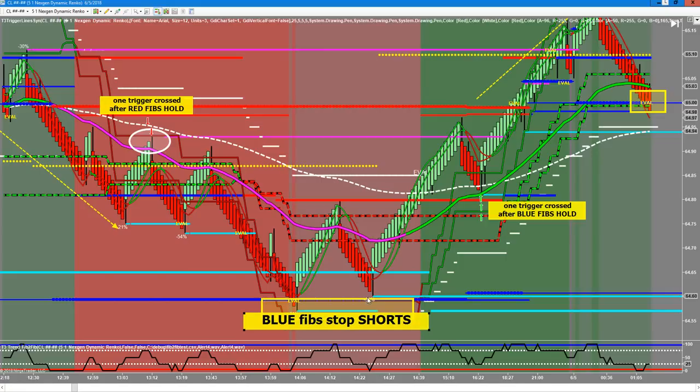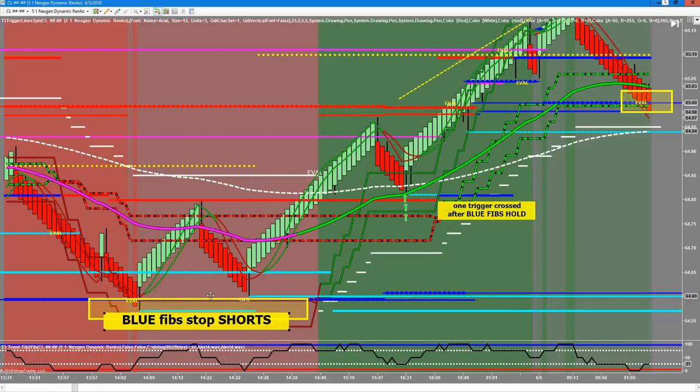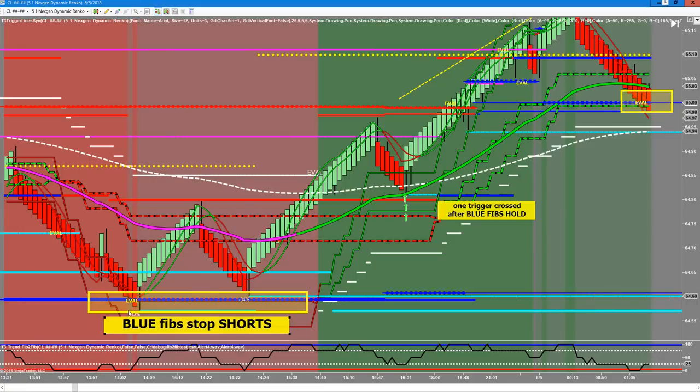All that matters is the area and the trigger lines themselves. And this is why I'm showing you on one chart, because it's less confusing. If the blue fibs stop it, whatever blue fib it is, who cares what chart it came from? If it stops the market and the market turns green, the background turns green, you're going to go the other way.